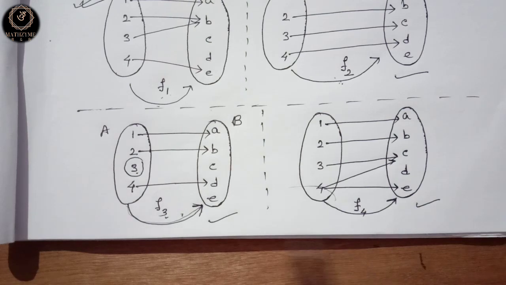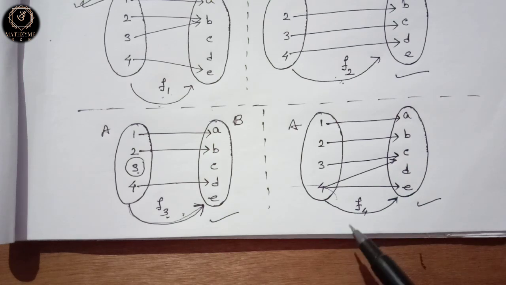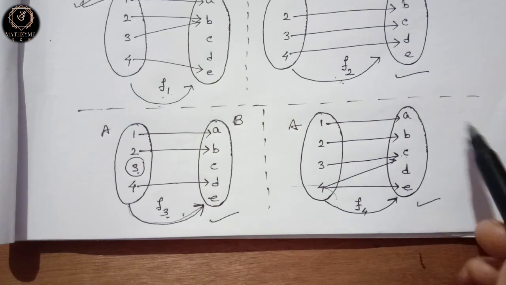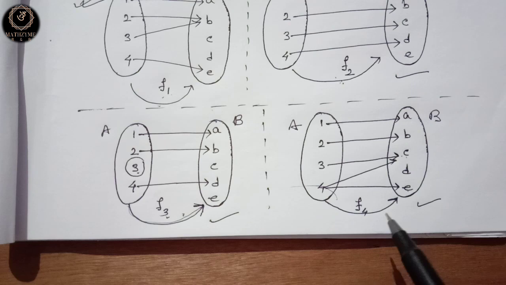In figure 4 also, you can see that there is an element 4 which belongs to A and is associated with two elements c and e of the set B. Hence, this also does not represent a function.